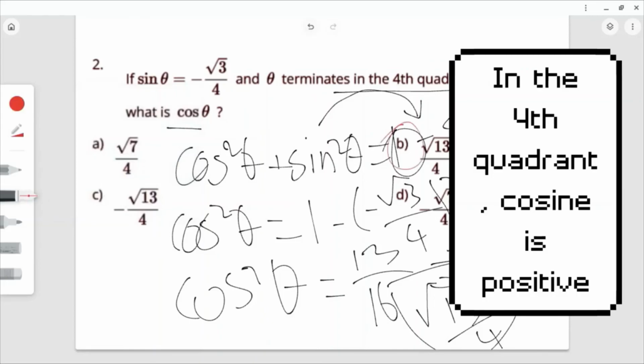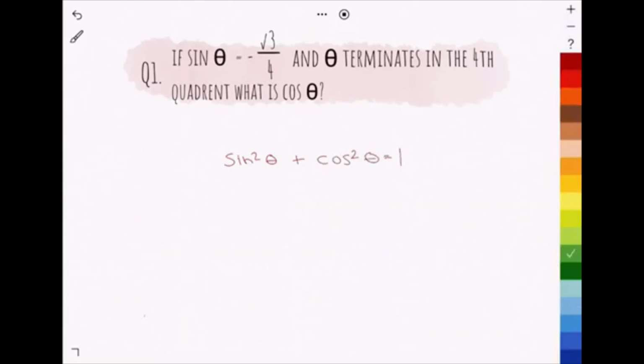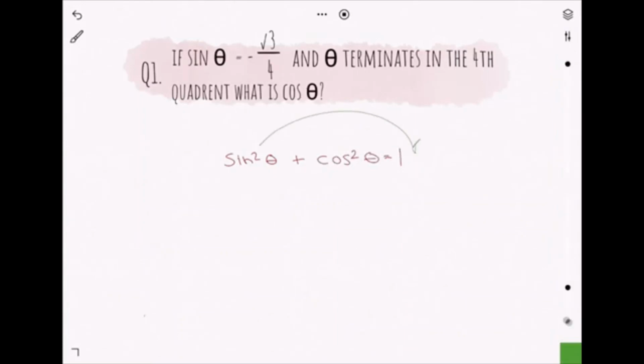If sine theta equals negative square root of 3 over 4 and theta terminates in the fourth quadrant, what is cosine theta? For this question, we will use the Pythagorean identity formula, which is sine squared of theta plus cosine squared of theta equals 1. The first step is you want to move sine to the other side and start from there.